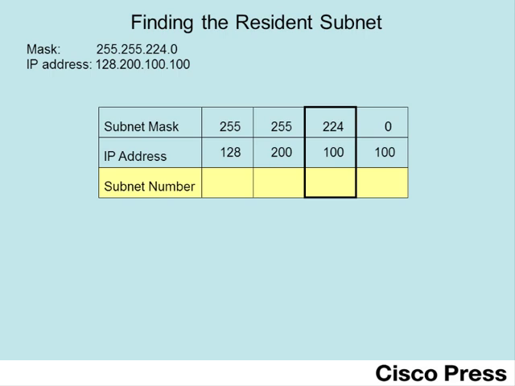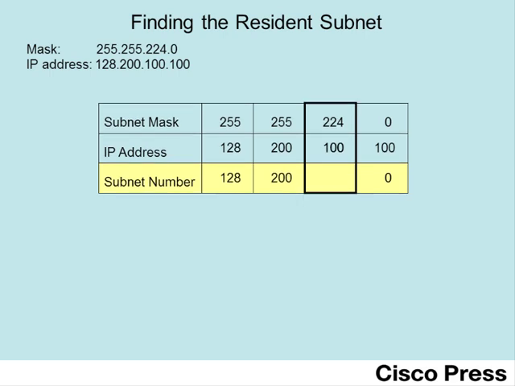At this point, the process takes care of the 3 easy octets. For any octets to the left of the interesting octet, you just copy the IP address down to the subnet number field. That's it. Any octets to the right, in this case the 4th octet's to the right, of course, you write down a 0. So we know the subnet number is going to be 128.200.something.0. Now let's move on to the interesting octet.